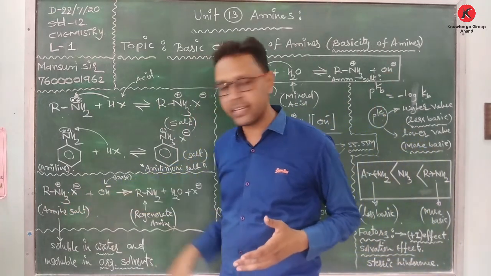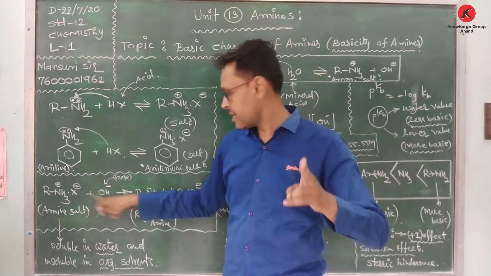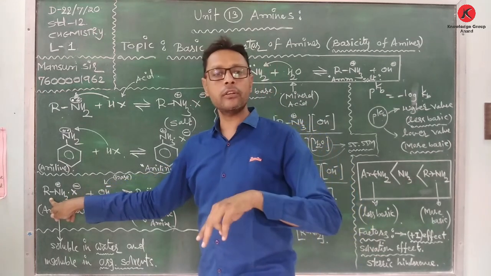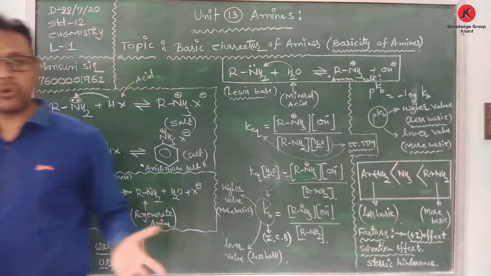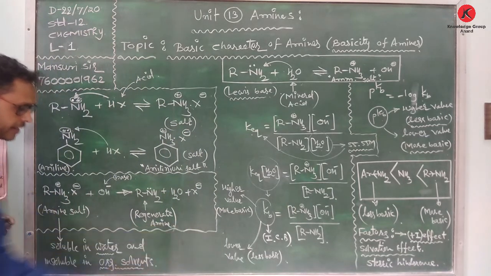Now this salt, RNH3 plus X minus, reacts with OH minus, that means it reacts with base. This salt, whether ammonium salt or anilinium salt, reacts with base, that means OH minus, and regenerates amine. In this reaction, X will be removed. OH will combine with H to make water, and the remaining part RNH2 is regenerated.